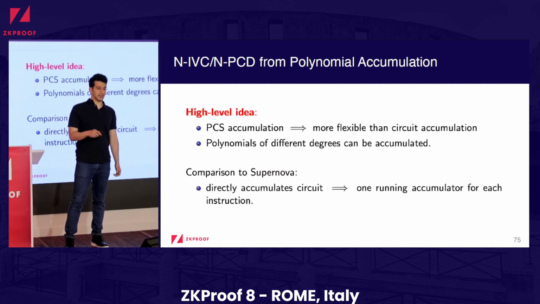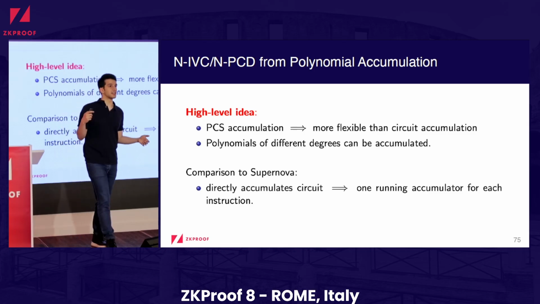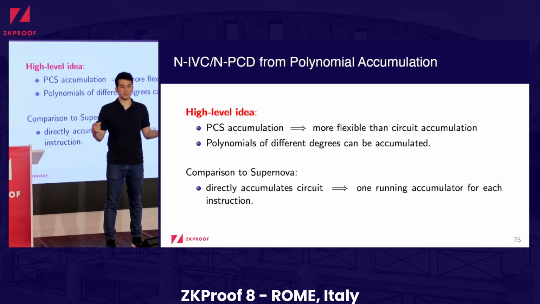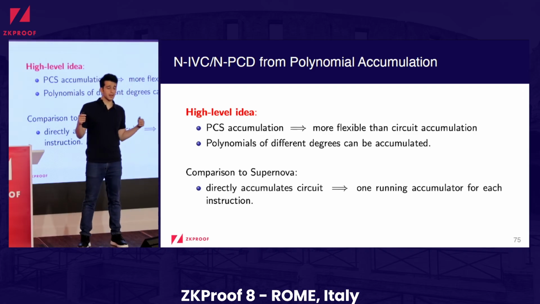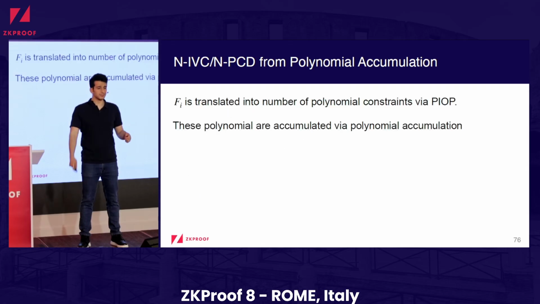Whilst our idea is that polynomial accumulation is way more flexible than circuit accumulation, because for polynomials of different degree, you can just imagine the same polynomial with padding, where one just has the coefficient 0. Whilst if you have different circuits, there would be 2 different R1CS languages, and you cannot really pad one to become the other.